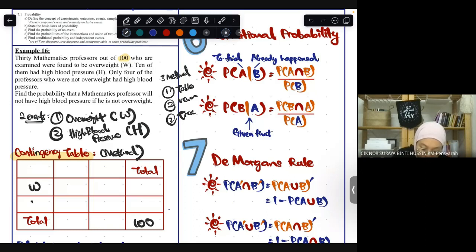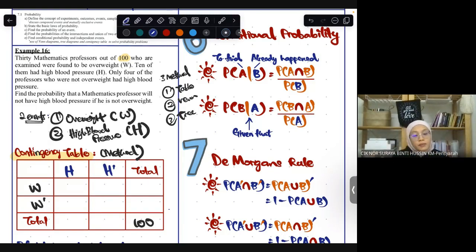Overweight dan juga yang tidak overweight. So dalam table mesti ada kita labelkan huruf dia W. W means overweight. W prime means not overweight. Ada prime. Manakala saya labelkan pula H, high blood pressure. Yang ada high blood pressure. Dan ada juga profesor yang tiada high blood pressure.